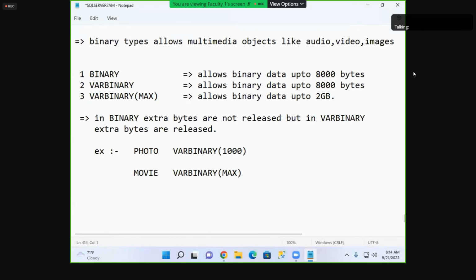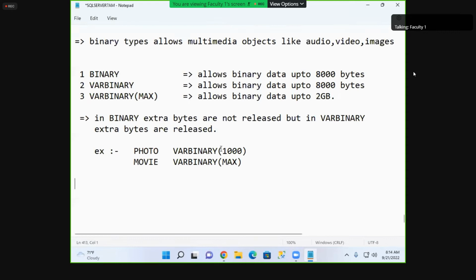Understood? How to store images, we'll see later.